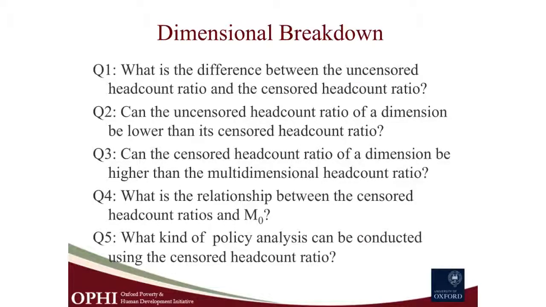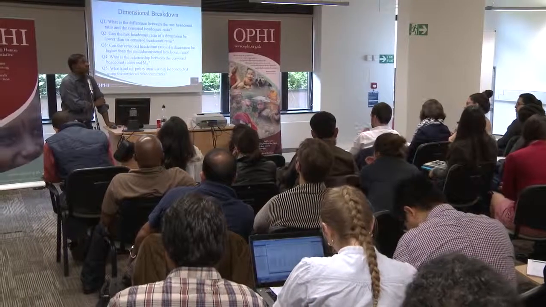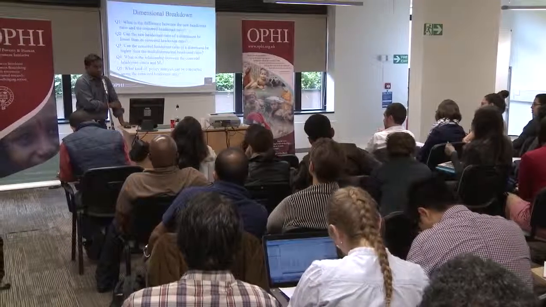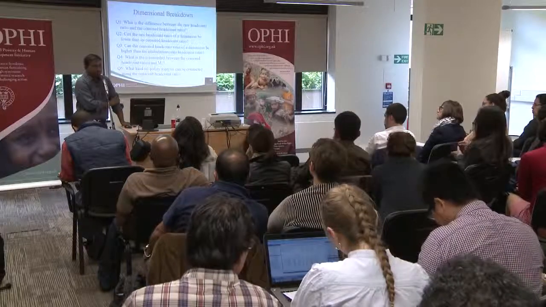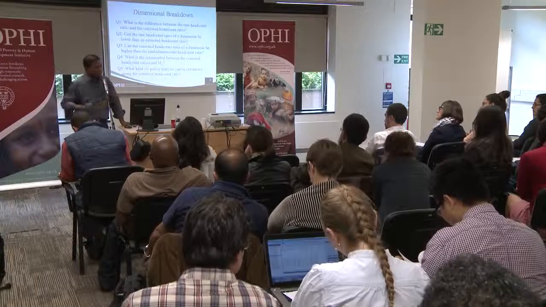Then, what is the relationship between all the censored headcount ratios and the adjusted headcount ratio? You have seen that relationship. Yes, the sum of the weighted headcount ratios. Right. So M0, the adjusted headcount ratio, is equal to the weighted average, which means you use the weight of each dimension times the censored headcount ratio and you add them up.